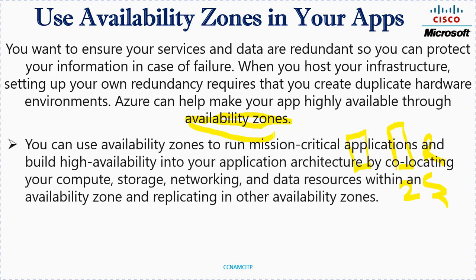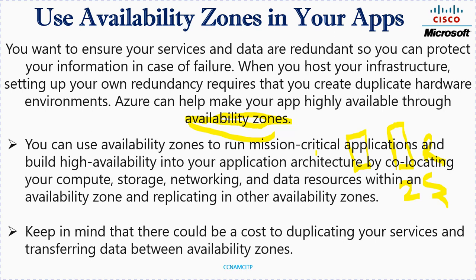You can use availability zones to run mission critical applications and build high availability into your application architecture by co-locating your compute, storage, networking, and data resources within an availability zone, and replicating in another availability zone.